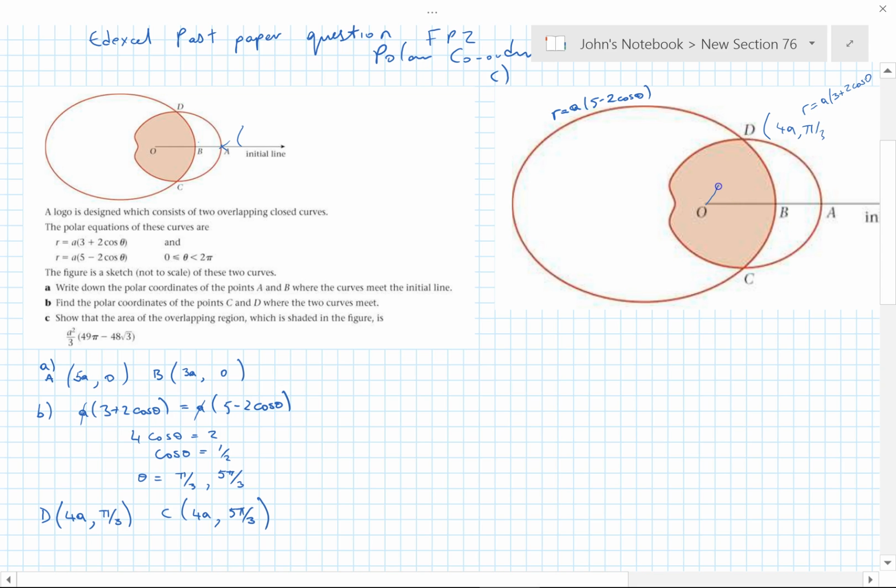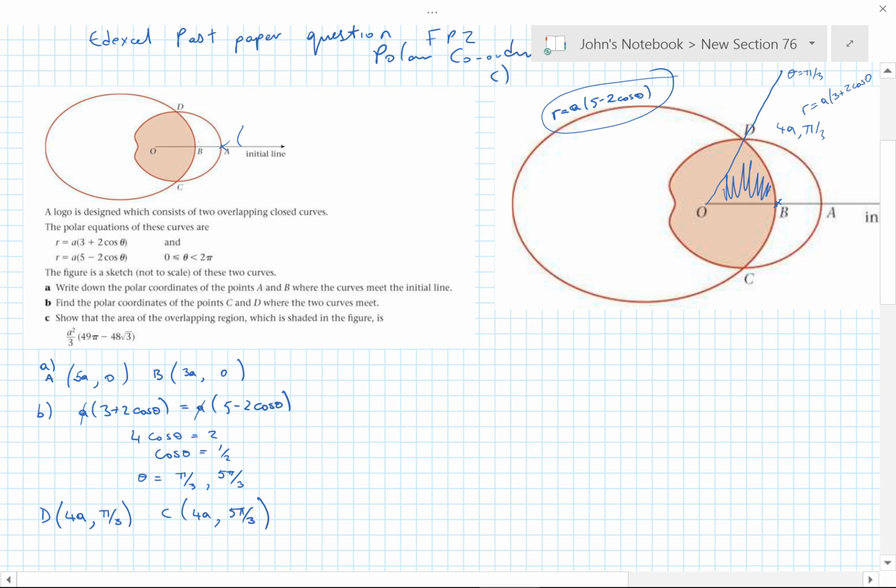So this is the line pi by 3 here. And to find this area, we're looking at this curve, and the limits are going from 0 around to pi by 3. And if we draw lots of these, they're going further out to pi by 3 here. So that's that area here.